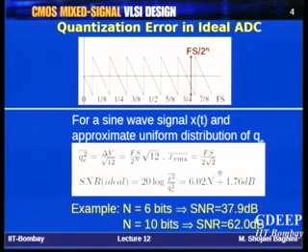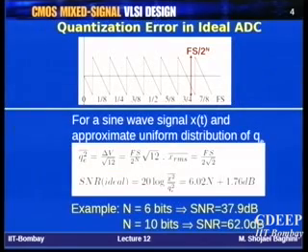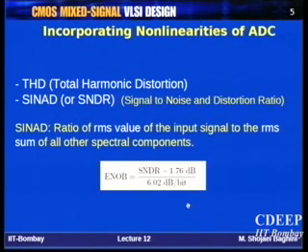If you derive n as a function of SNR, it will be SNR in dB minus 1.76 dB, divided by 6.02 dB per bit. The unit of this 6.02 is dB per bit. So effectively, you will get a lower effective number of bits, because you now have less SNR, and less SNR means you cannot have the same resolution you could have had with an ideal ADC.